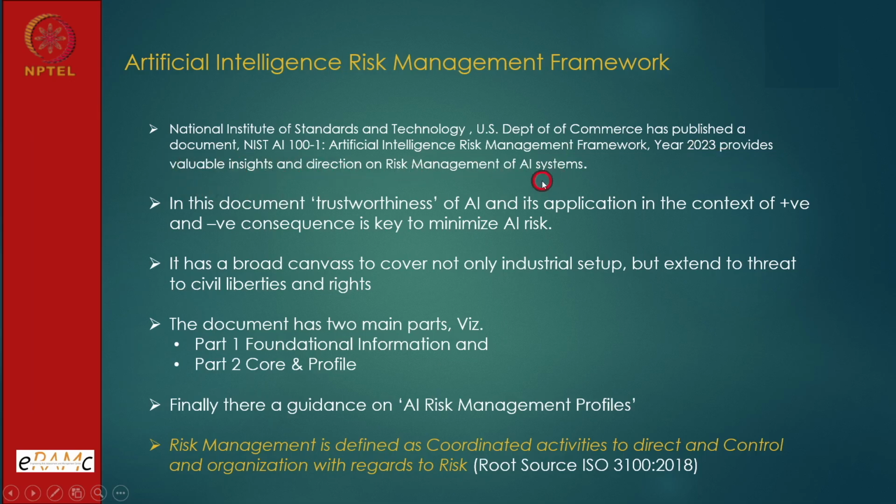It is an umbrella that is not limited to the plant, but tries to see the risk in the societal and global ecosystem. The institute itself says it will be updated periodically as more information comes in.